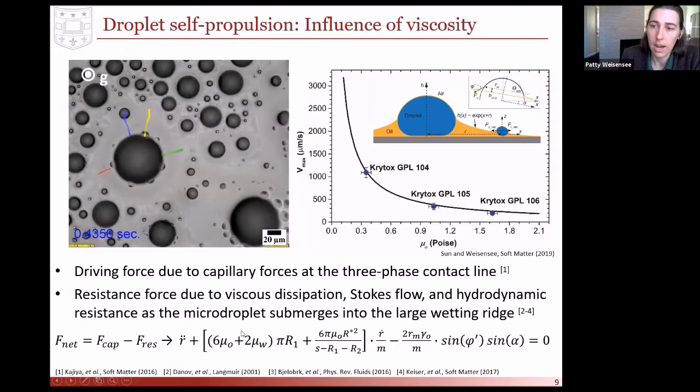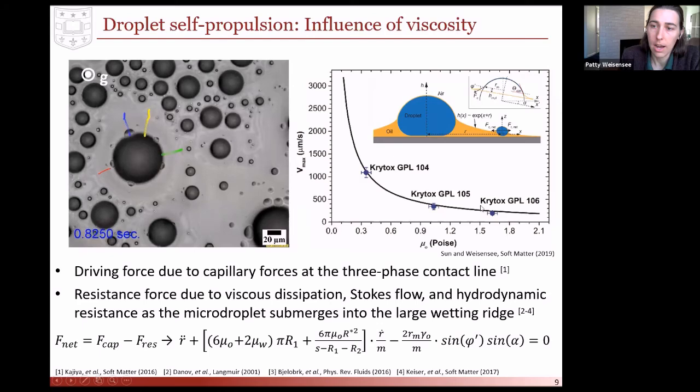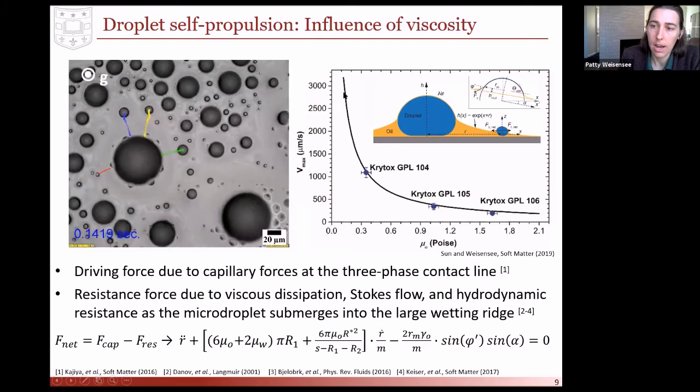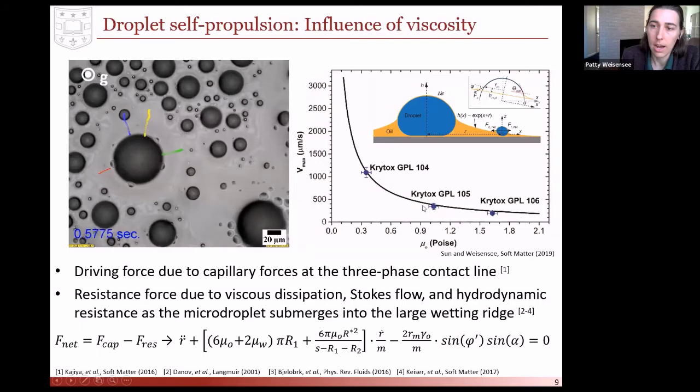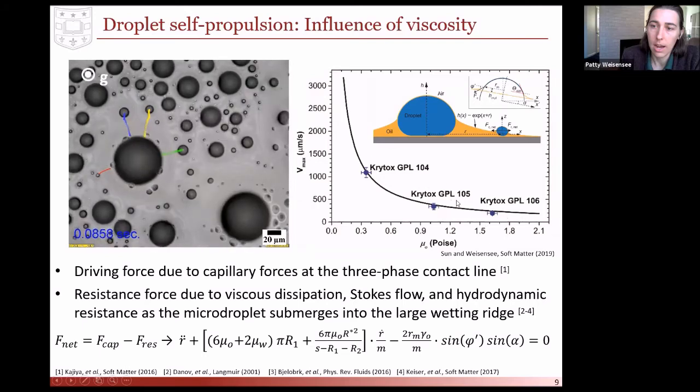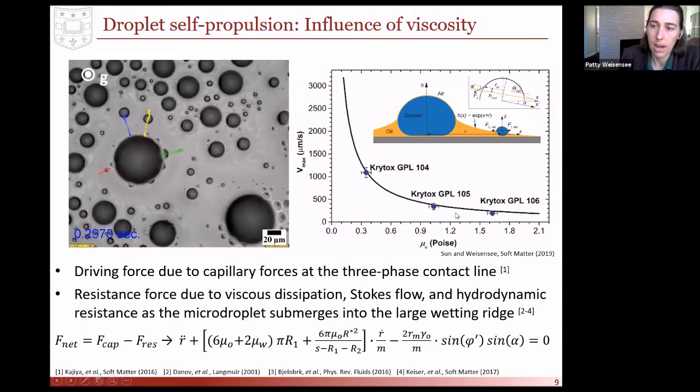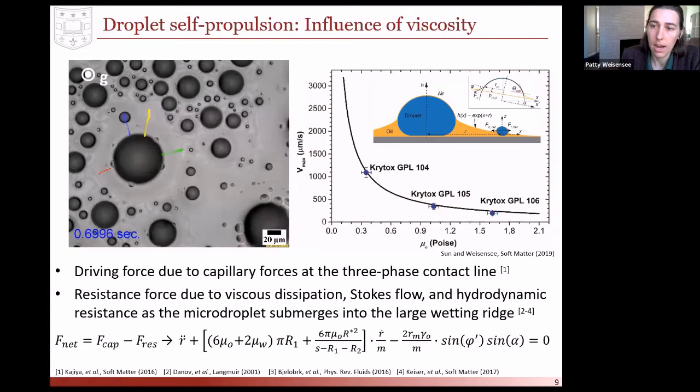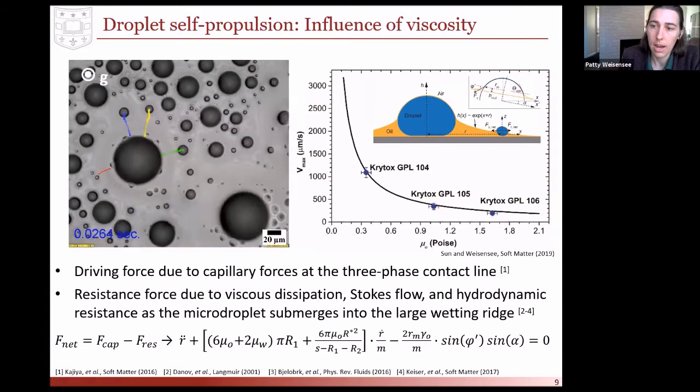And with a very simple force balance, we can model this motion very accurately. And we see here a plot where we have the model and then the 3 data points that we have for 3 different oil viscosities. And we see that model and our data points match very well. So that means that the lower the lubricant viscosity, the higher droplet mobility.